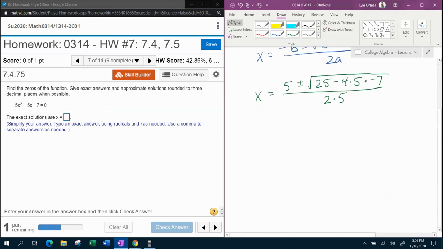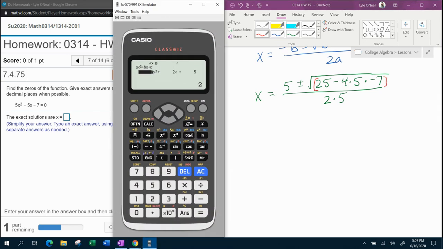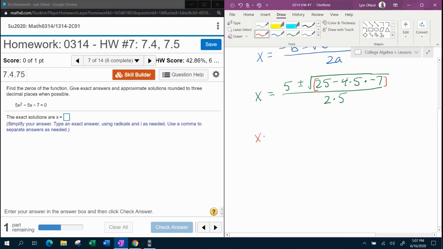Next step, we need to calculate the radicand, the stuff under the radical. Using our handy dandy calculator, Casio Class Wiz, we're going to type in 25 minus 4 times 5 times -7. And the radicand is 165. So that gives us x equals 5 plus or minus the square root of 165 all over 10. Again, 2 times 5 is 10.